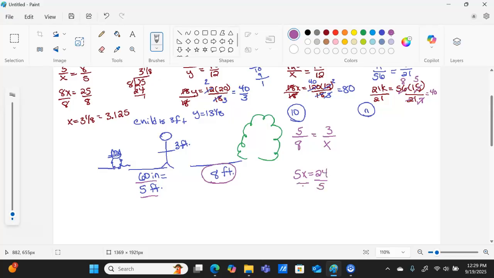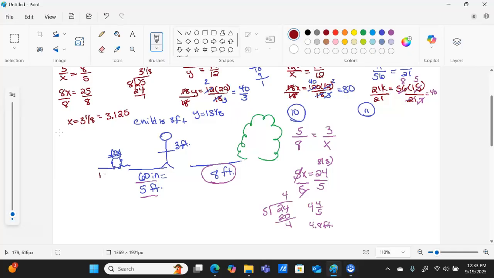Divide by 5, and you'll notice this time I did the 8 times the 3 because in looking at that, neither one of those is divisible by 5. So that cancels. 24 divided by 5 would be 4 and 4/5, or 4.8 feet.